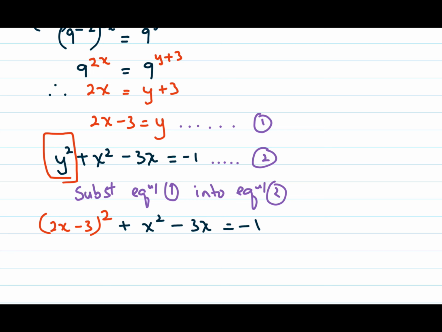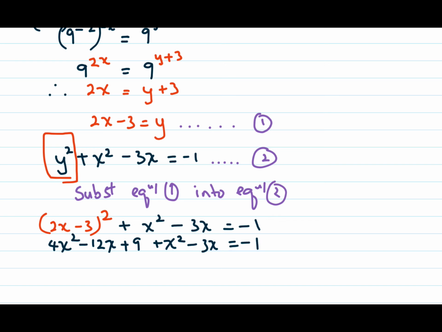So now we have one variable, which is x, and we will simplify it and solve from there. If we expand this bracket, we get 4x squared minus 12x plus 9. Then we have plus x squared minus 3x is equal to negative 1.